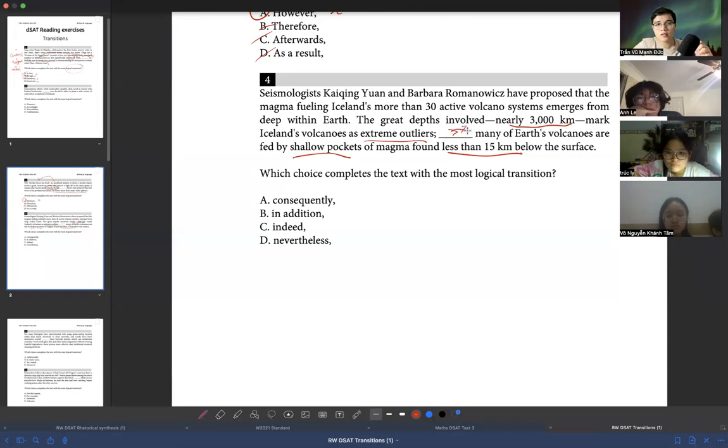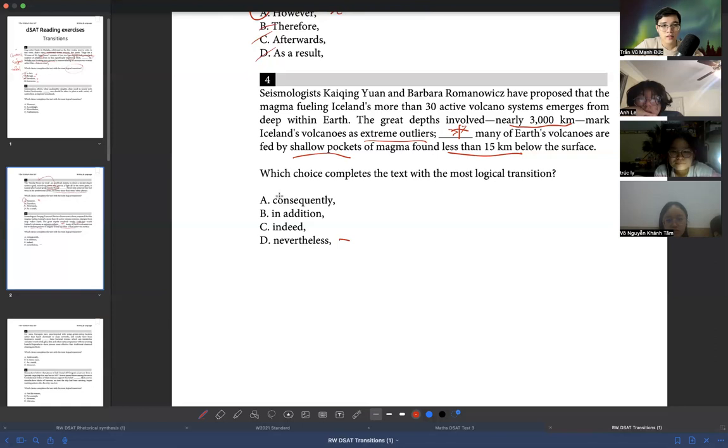This should be supporting, not contradictory, right? Because let's recap. Most volcanoes are less than 15 kilometers deep, but Iceland's volcanoes are extreme outliers because they are nearly 3,000 kilometers deep. So this is in fact correct. They are supporting each other.